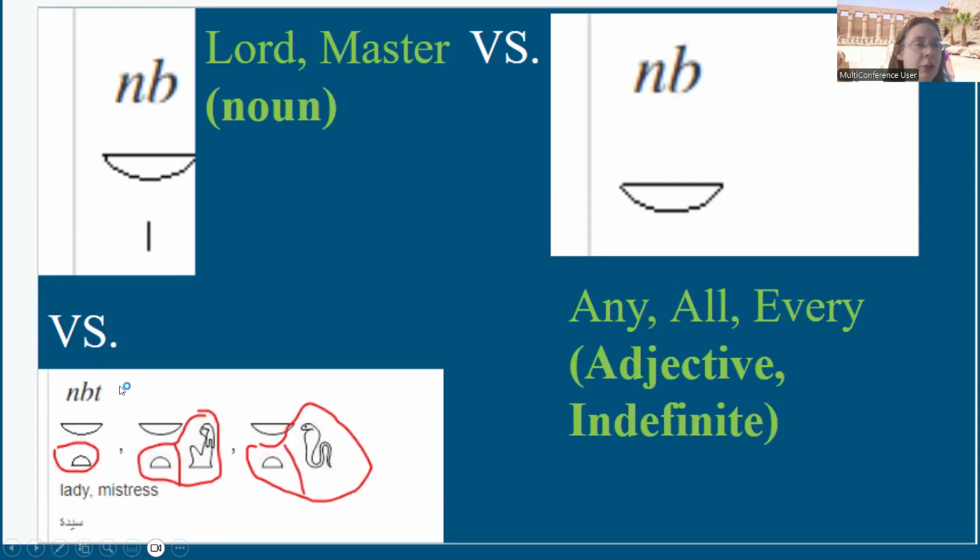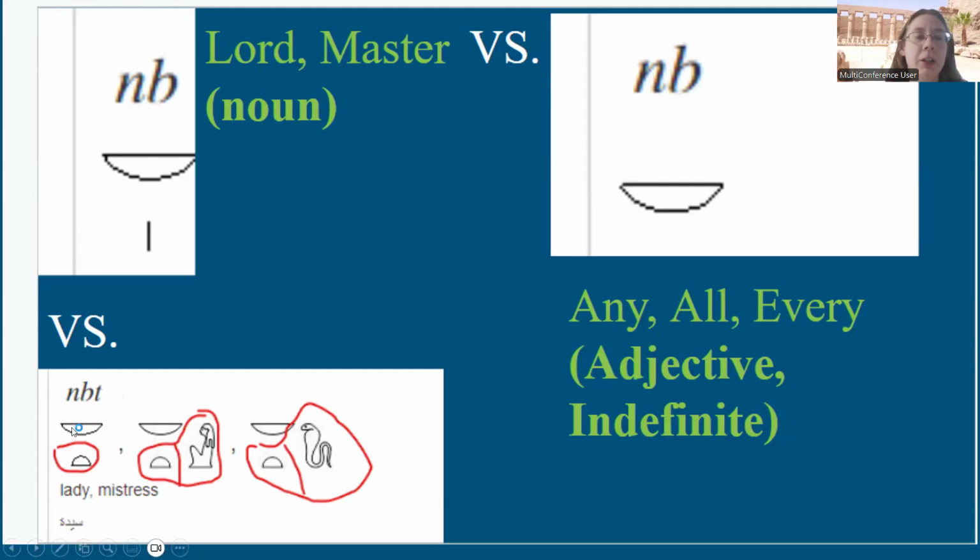And then you have this word that uses that word neb as its basic building block, but adds other things onto it. So neb is the word for a male lord, master, owner, etc. Nebet is a word that you can translate as lady or mistress.